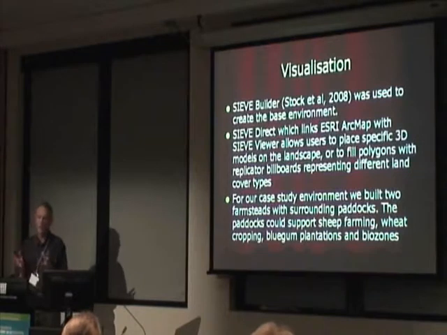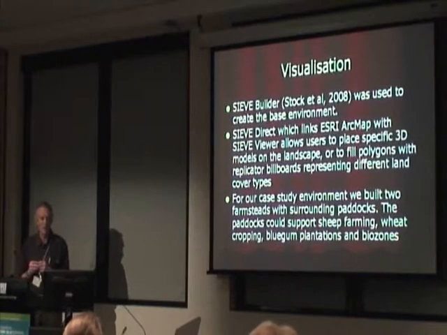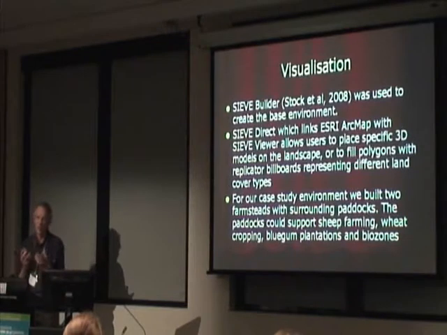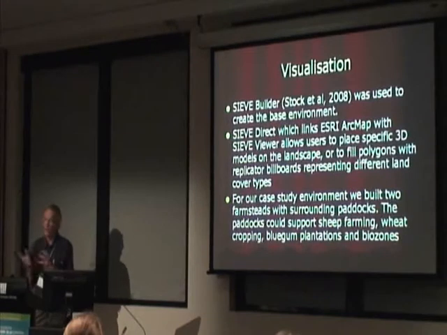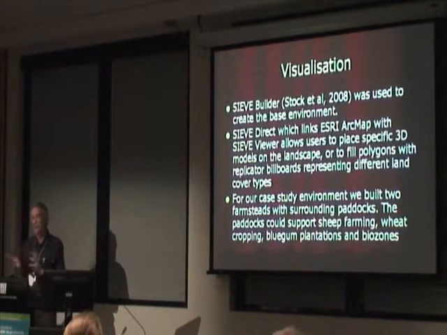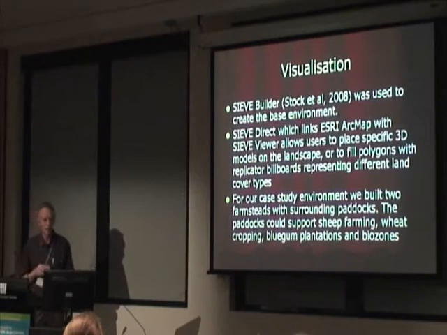SIV Builder is a tool for taking GIS data anywhere you can zoom into and automatically building a base environment for that area. SIV Direct allows live interaction with ArcMap so that you can change the scenarios on the fly by selecting polygons and saying, I want that polygon filled with a certain species of trees or an ecological vegetation class or a crop or a set of grazing animals or whatever. And SIV Viewer is the game engine derived product for viewing all of that.